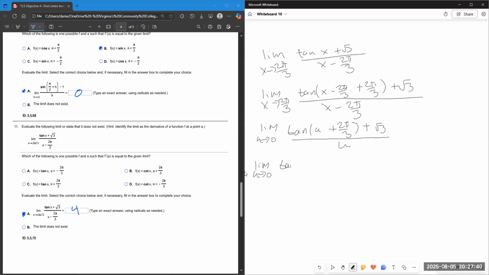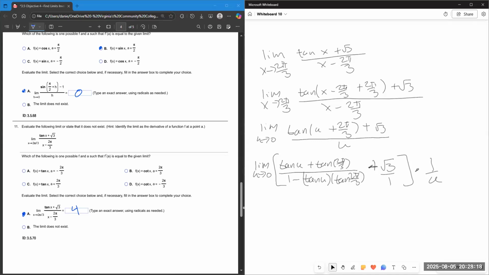So this is tan u plus tan 2 pi over 3, over 1 minus tan u times tan 2 pi over 3, plus root 3, and all this is times 1 over u.